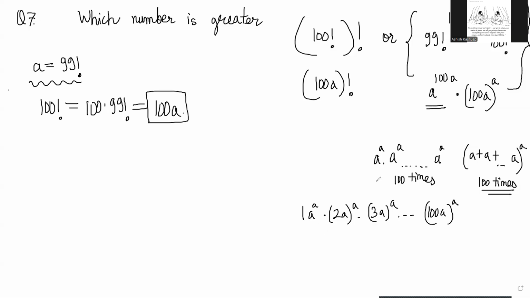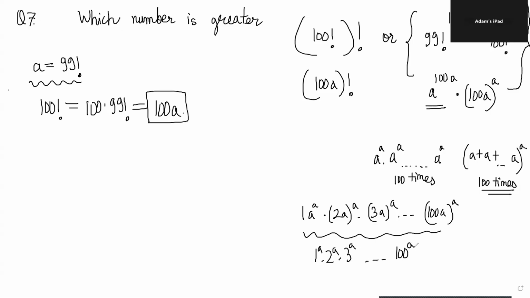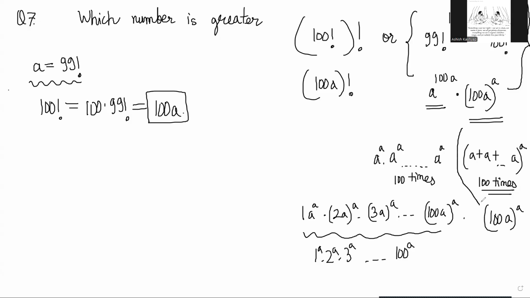Suppose I have done this. Basically, I have multiplied by 1 power A, 2 power A, 3 power A, up to 100 power A, so I am dividing it also. And here I have 100A power A. This I have not changed.